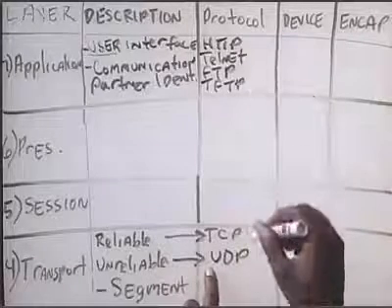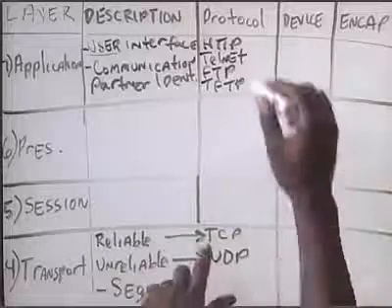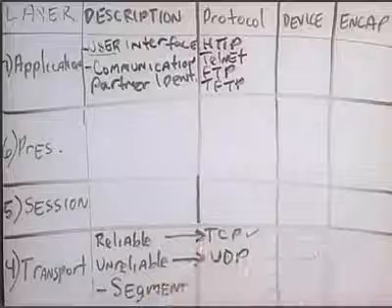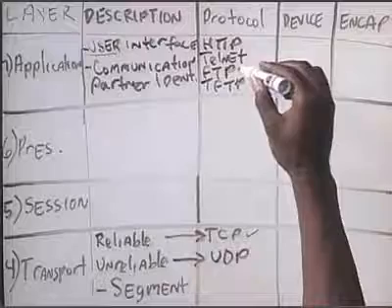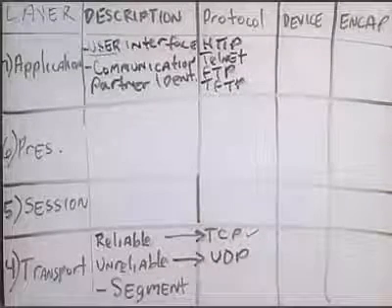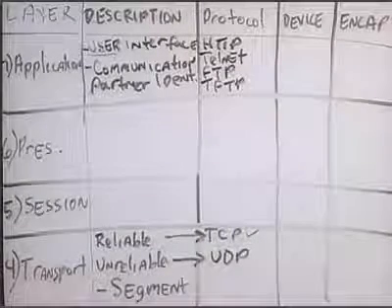In other words, this application won't use acknowledgments, whereas FTP relies on acknowledgments available through the TCP protocol. So FTP uses TCP and TFTP uses User Datagram Protocol, UDP. So those are a few examples of protocols that you might have there.